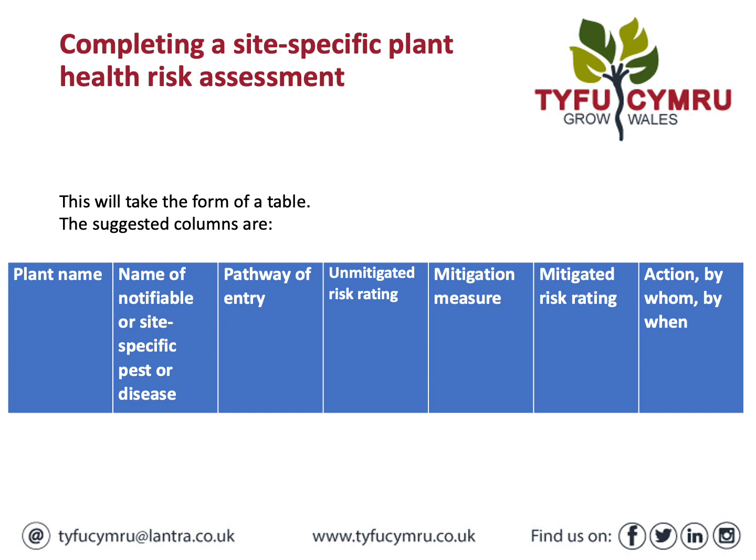And the suggested columns here, although of course you can modify this, are the name of the plant, the name of the notifiable or site-specific pests or diseases, the pest pathway, the unmitigated risk rating, the mitigation measure, so that's often a control measure, then the risk rating after you've taken that mitigation measure, then the action, and it's important to put in by whom and by when to make sure that that's done.